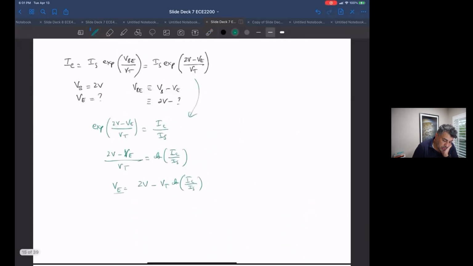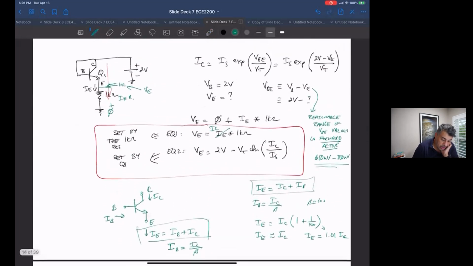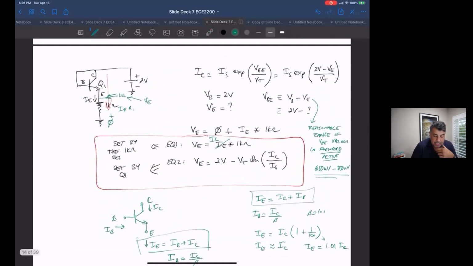Okay, so you can get a pretty good guess for VBE somewhere between here, and plug it into these equations as a good starting point. So it's not like VE could be anything.